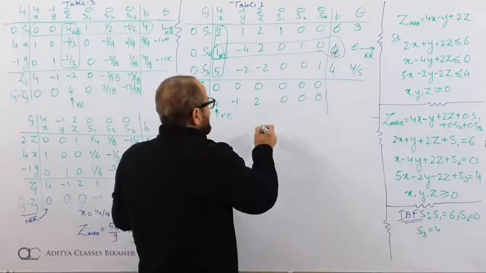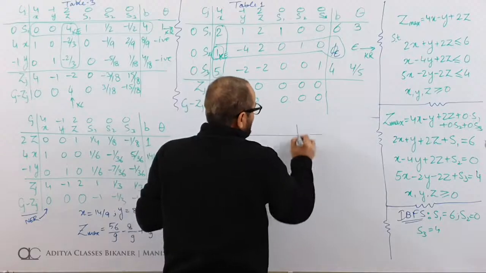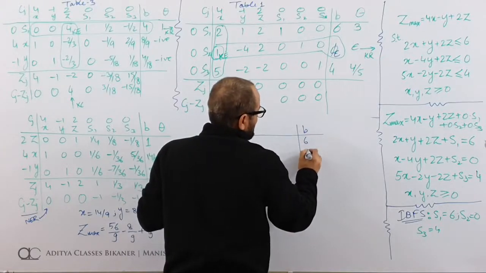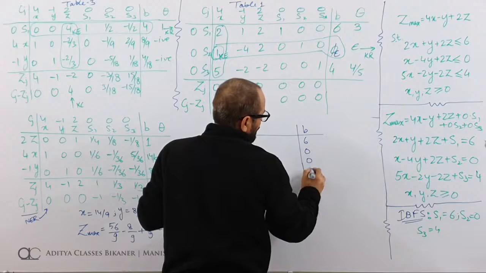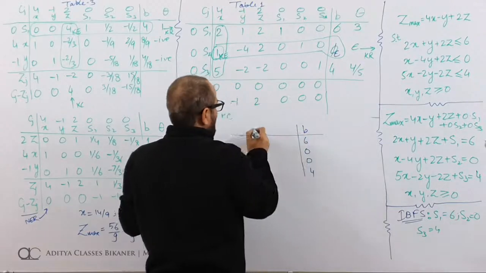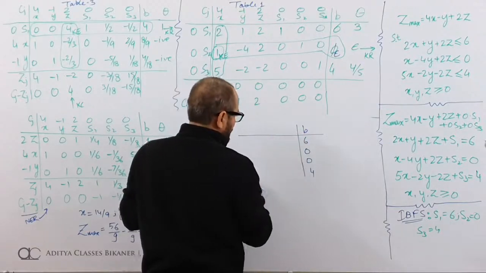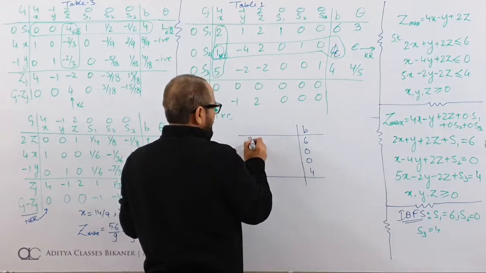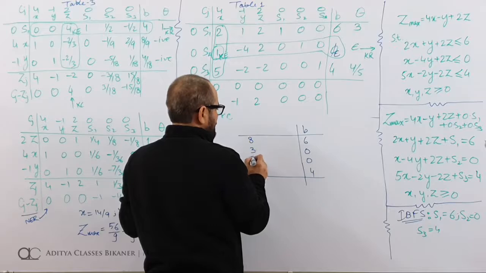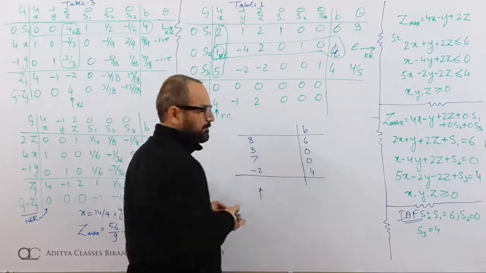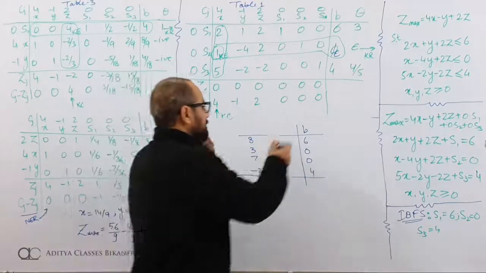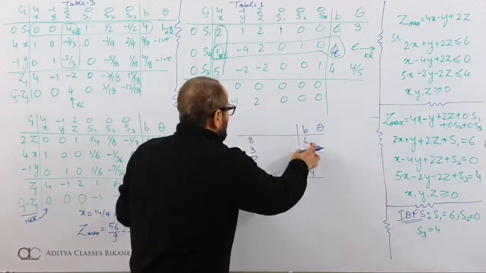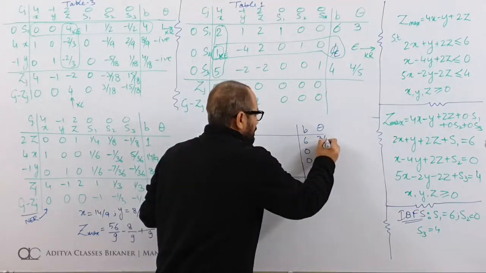Why are we putting this 0 as epsilon? Because if it so happens that you have a B of this kind, 6, 0, 0, 4, and then your key row has values something like, let's say 8, 3, 7, minus 2. And now if I go ahead and find out theta, this would be 6 by 8 or 3 by 4.